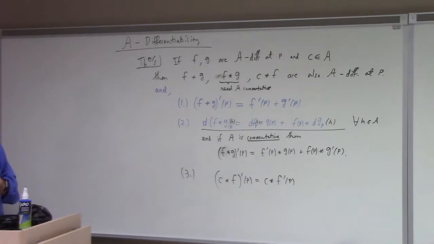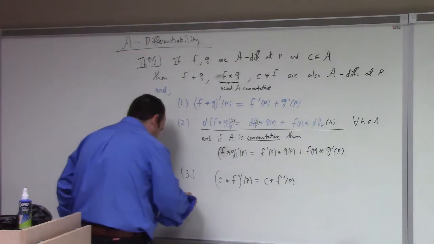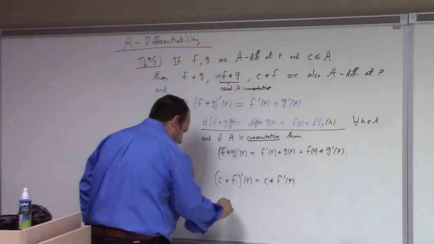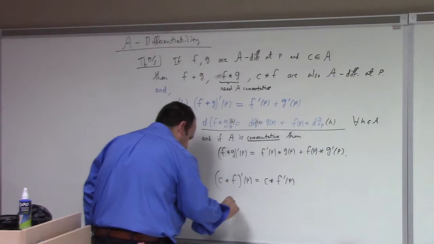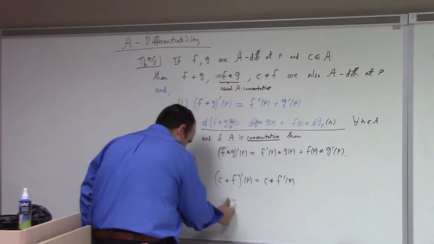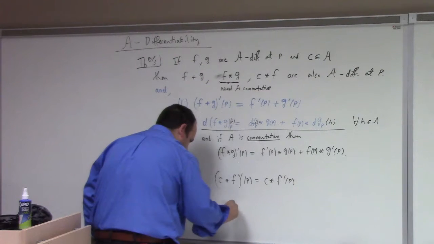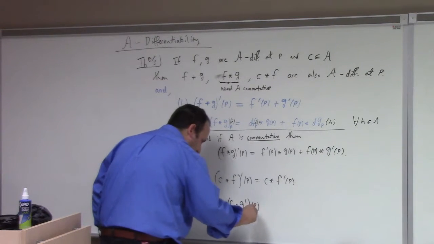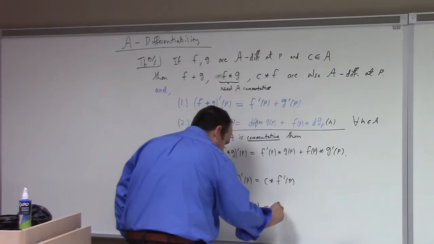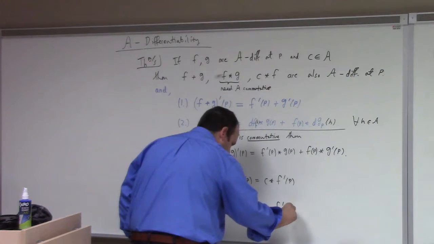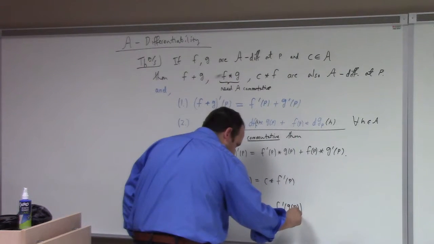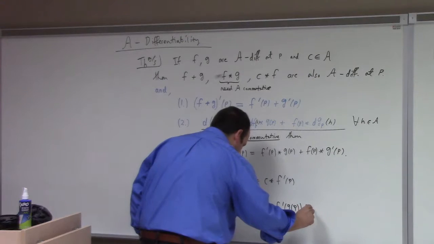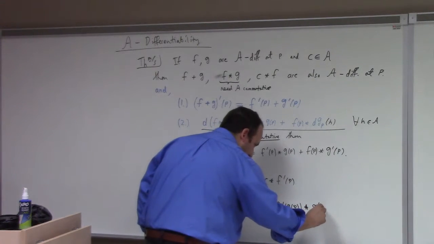There is also a chain rule. Provided the functions are suitably arranged, if we have (f composed with g) prime of p, guess what? That is equal to f prime of g of p times, multiplication in the algebra, g prime of p.